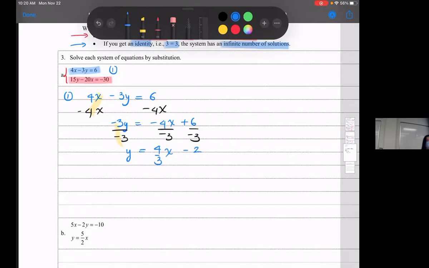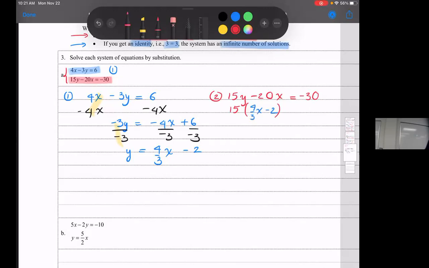And then I'm going to plug this into the red equation. The red equation is 15y minus 20x equals negative 30. Instead of y, it's going to be the blue blob, so 4/3 x minus 2. Sorry, I'm going to rewrite number 3, it looks weird right there.